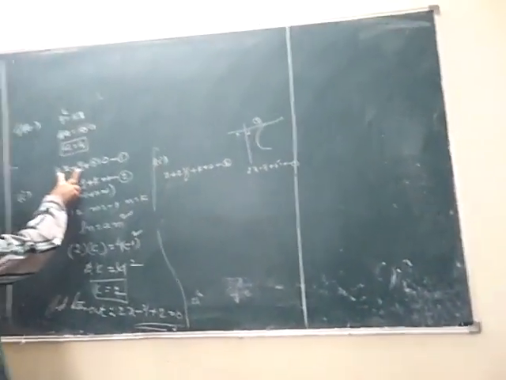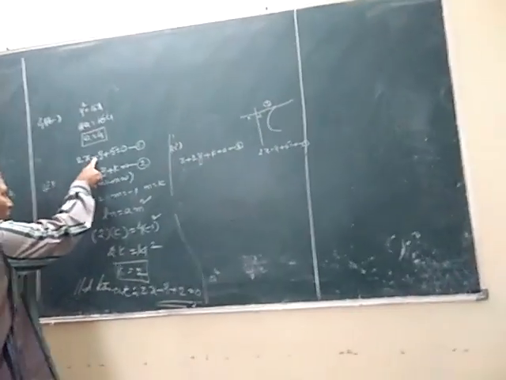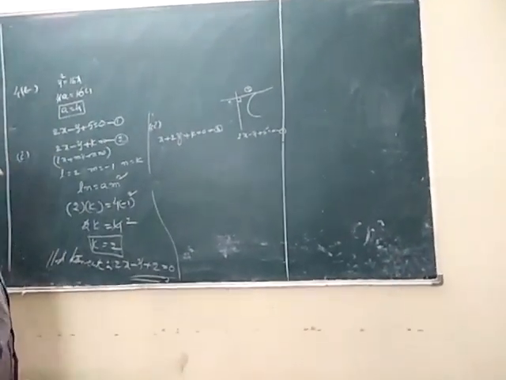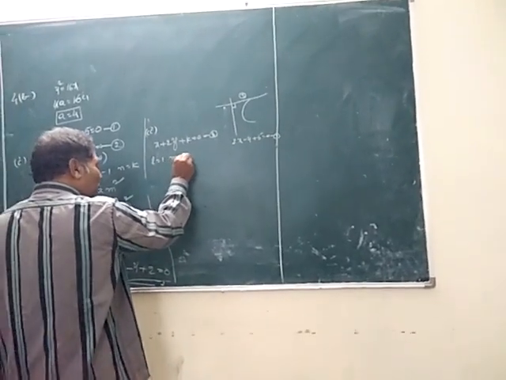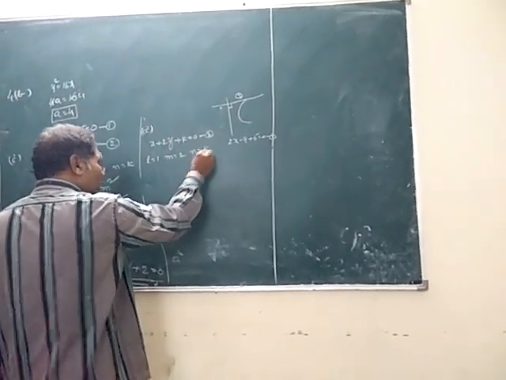Interchange xy coefficients, middle symbol and constant. L value 1, m value 2, n value k.